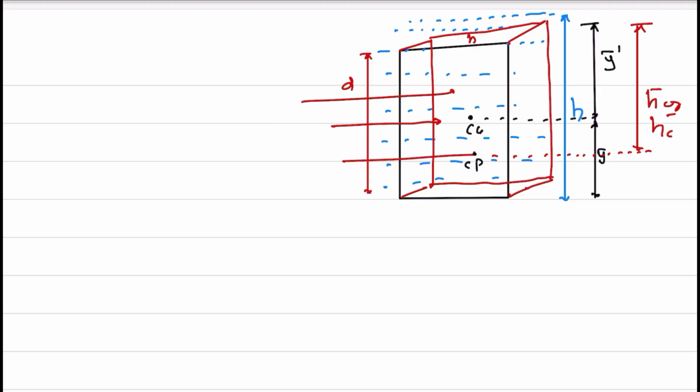Now we have to know how to calculate the value. We got that a center of pressure is there, on which the total hydrostatic force is acting, and that point is the crucial point through which we can find the hydrostatic force acting.